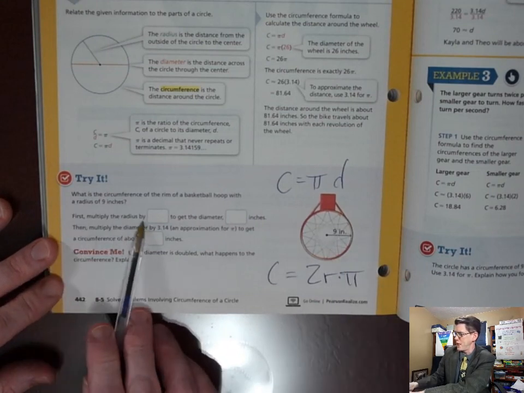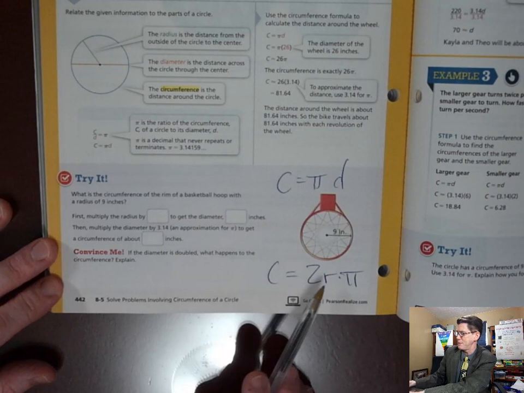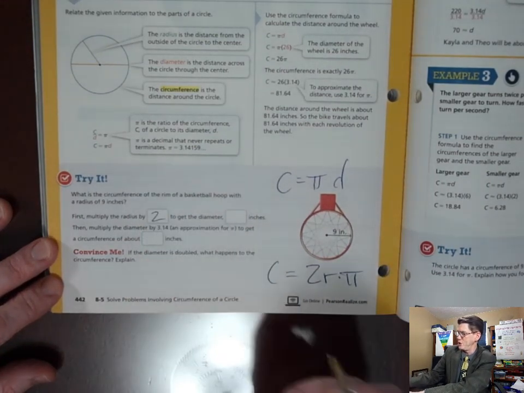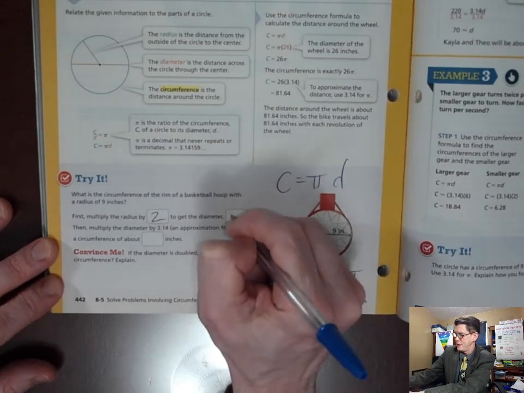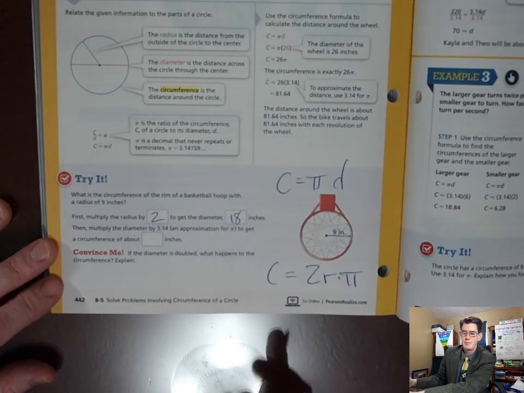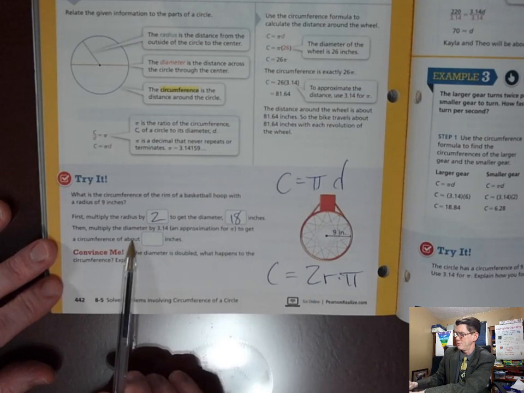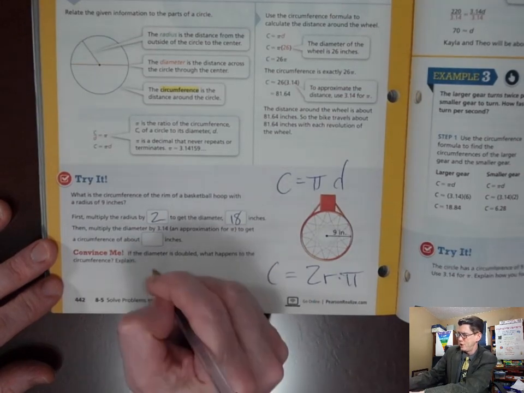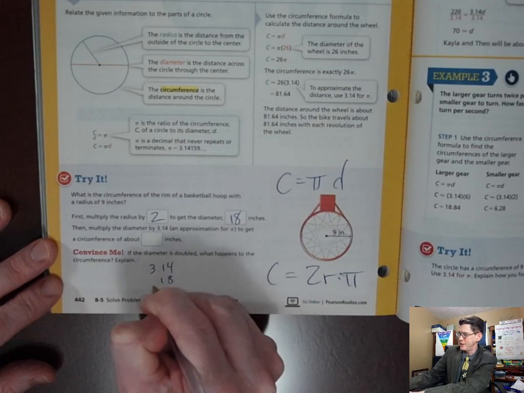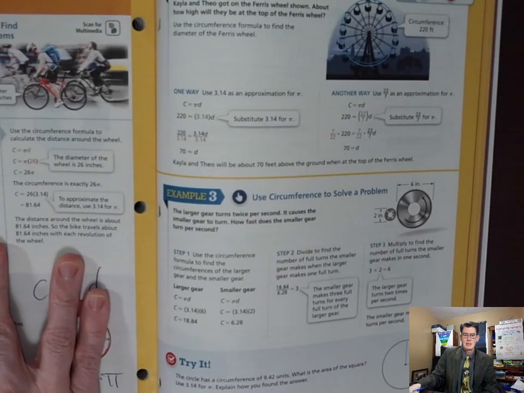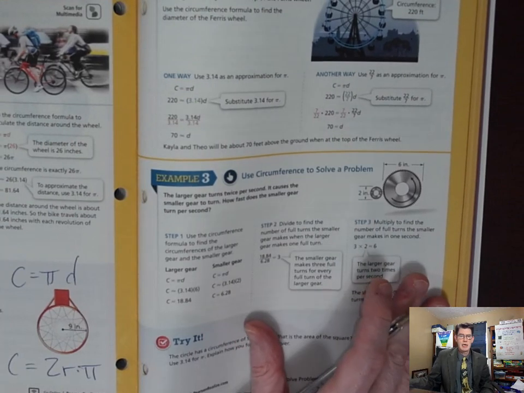So first of all, multiply the radius by 2 to get the diameter of 18 inches. Then you multiply it by 3.14, which is close. And the circumference is whatever 3.14 times 18 is. You can put that in your calculator. I won't take the time to do it on this video. See if I can get this video done in 10 minutes.